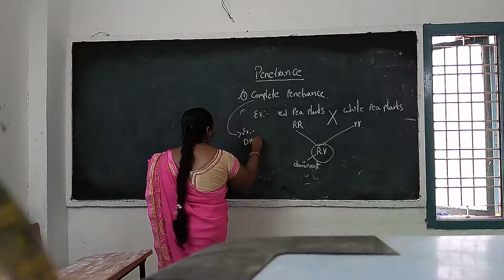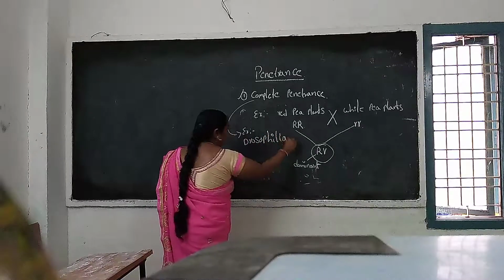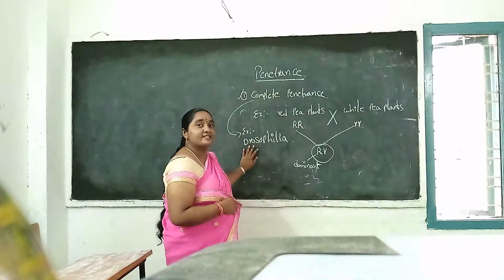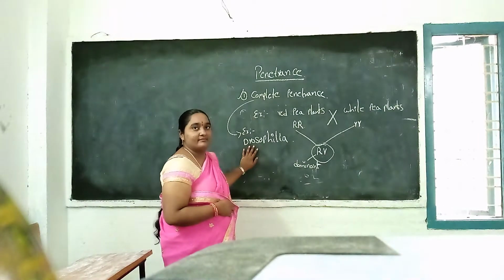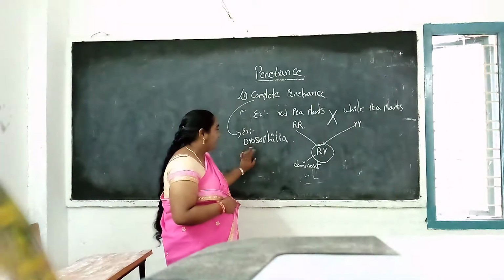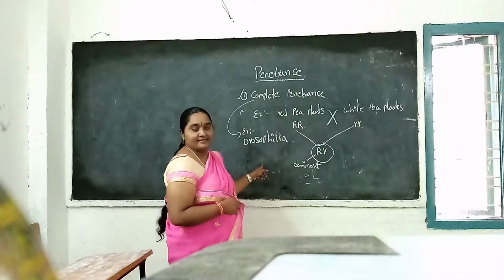Another example is Drosophila. The Drosophila expressed the individual phenotypic character in the presence of homozygote conditions. That is the best example for complete penetrance.